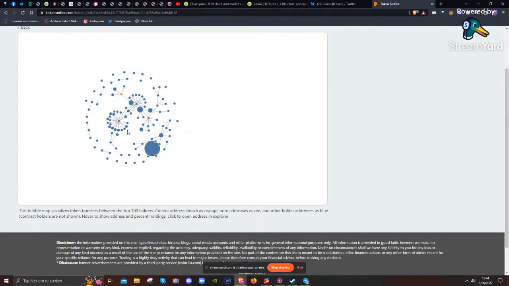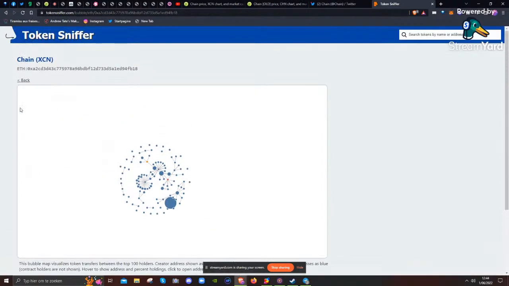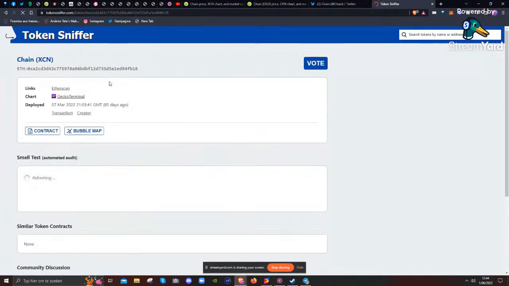That's quite a few big ones, but I'm always a little bit surprised by seeing things like these. I mean, I can understand it from a creator wallet, but there's some interlinking going on. Quite a few independent ones, but the interlinked ones are always a little bit shady. But looks good to me.